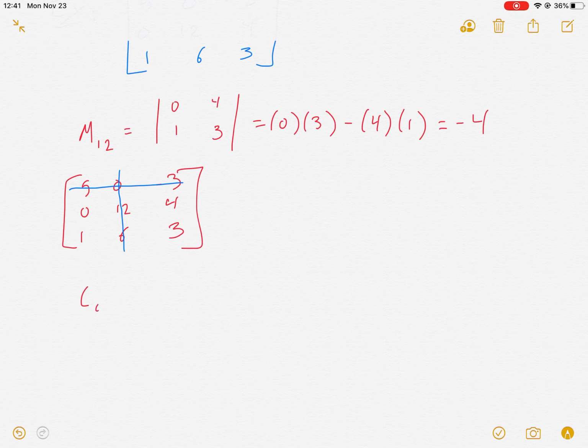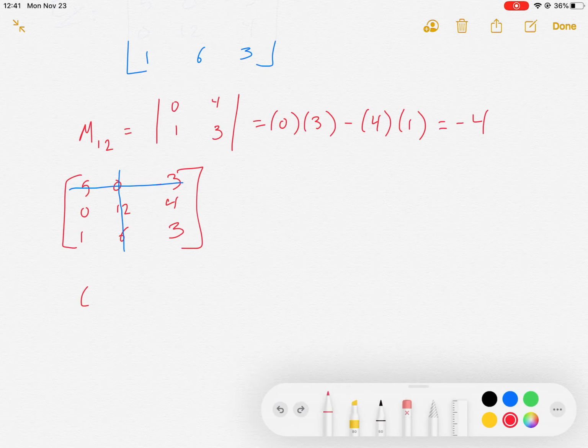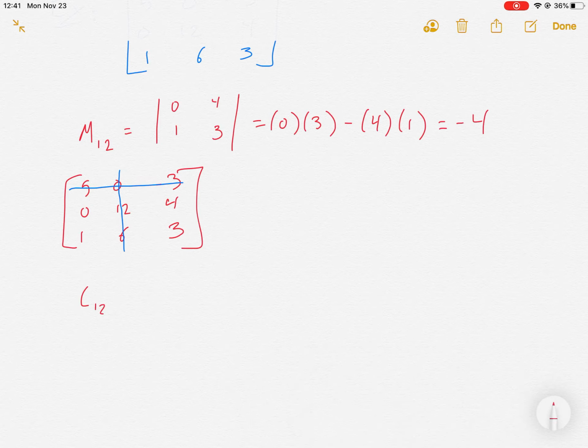If I wanted to find the cofactor of 1,2, then I would take negative 1 to the power of 1 plus 2, and I would multiply that by negative 4. Now negative 1 cubed is just going to be negative 1, so I would end up with positive 4.